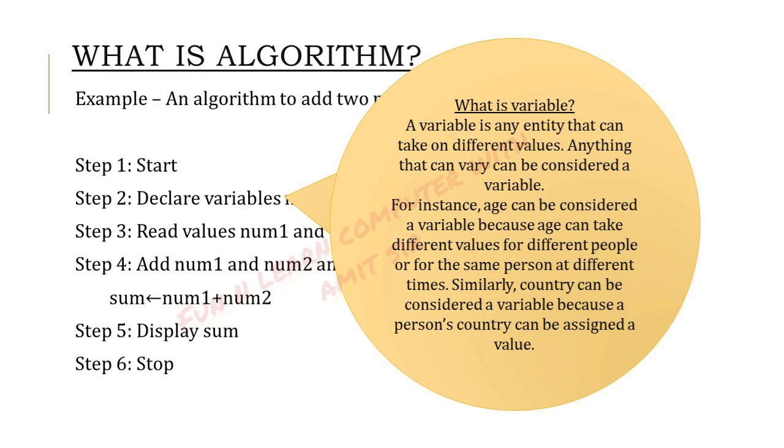For instance, age can be considered a variable because age can take different values for different people or for the same people at different times. Similarly, country can be considered a variable because a person's country can be assigned a value.